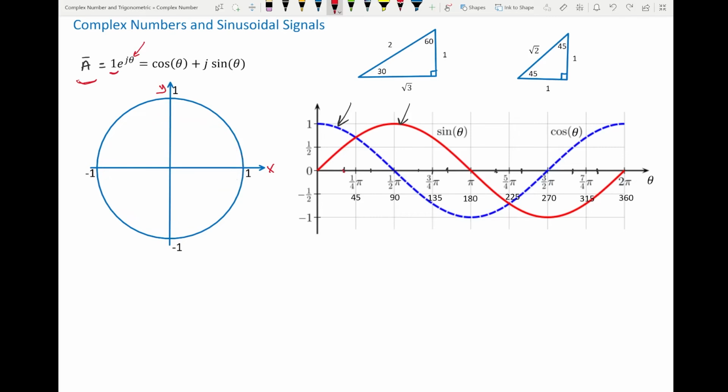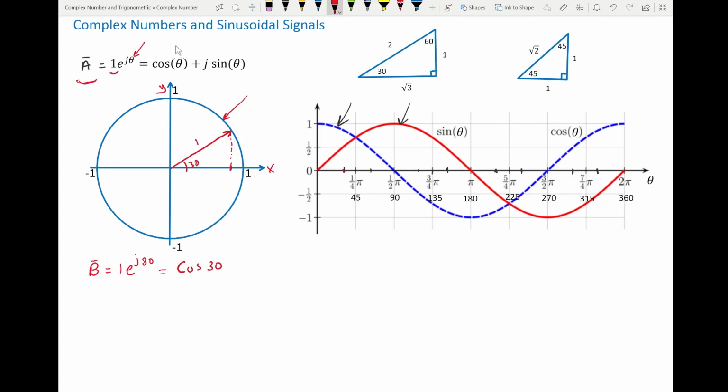So for example, if vector B equals 1 e^j30, that will be this vector. The magnitude here is 1 because this circle has a radius equal to 1. Then the projection of this vector along the x-axis will be cosine theta, and that's the angle theta.